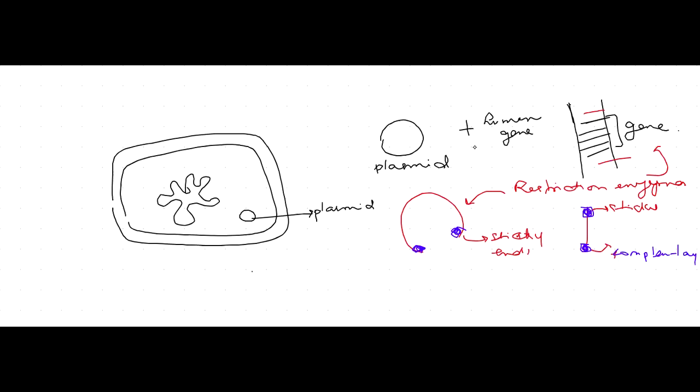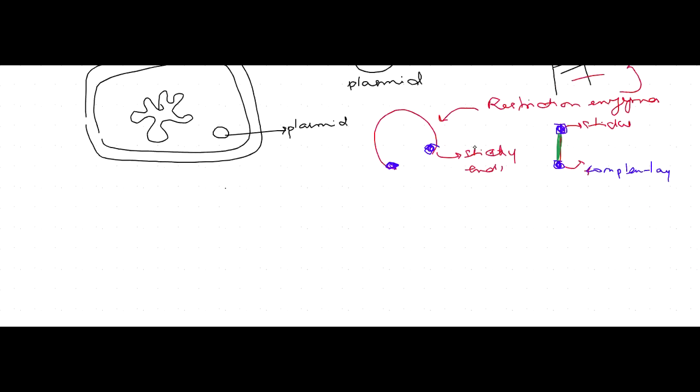Because the sticky ends are complementary to each other, your insulin DNA will manage to successfully insert itself into the plasmid because the ends were complementary, right?